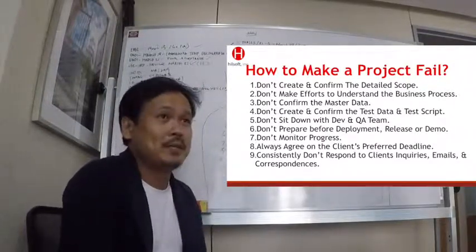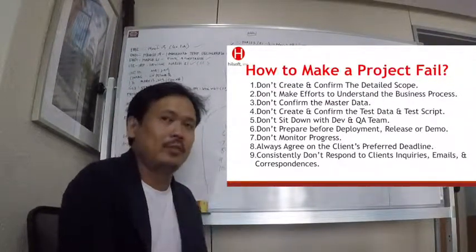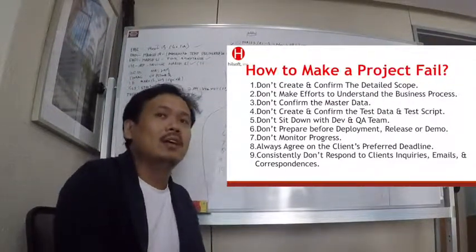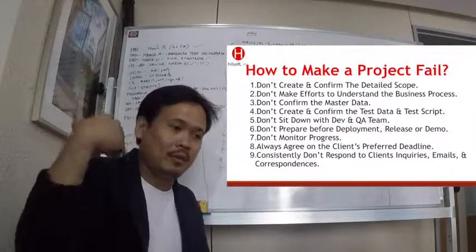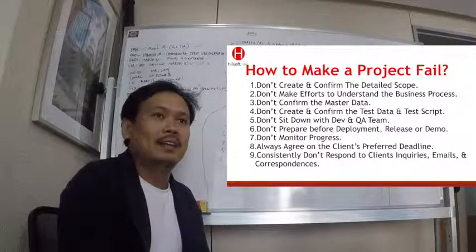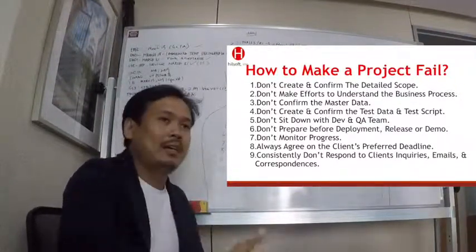Probably one time is tolerable, the second time is tolerable, but if you consistently don't respond, the client will call us, escalate it to Newton, Lin, or me, and if I don't respond as well, then they will cut off the project.